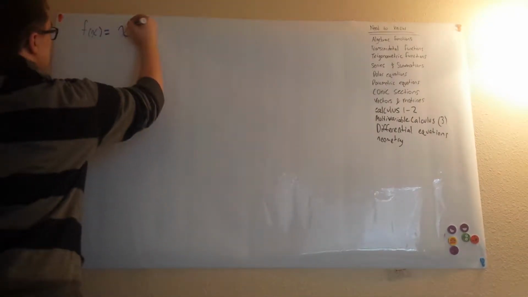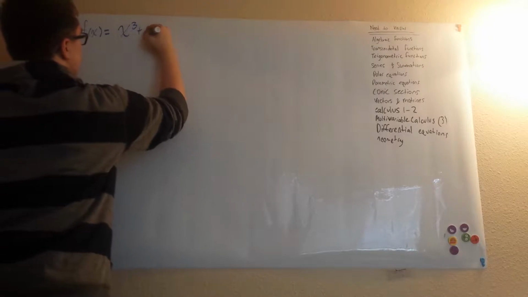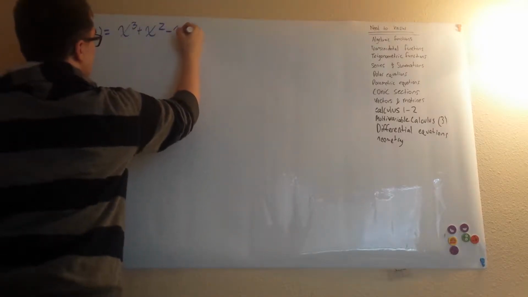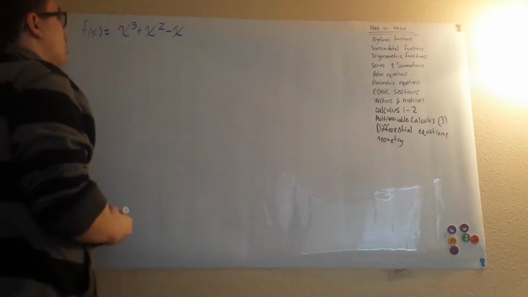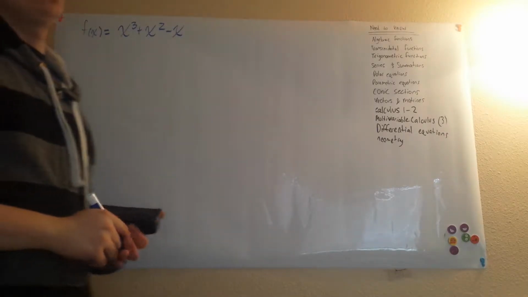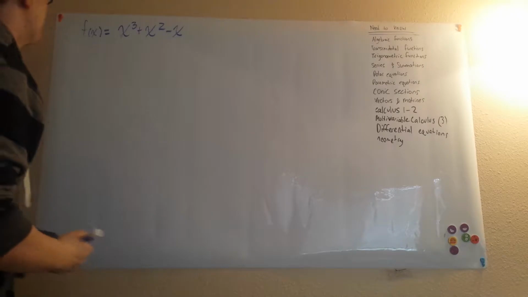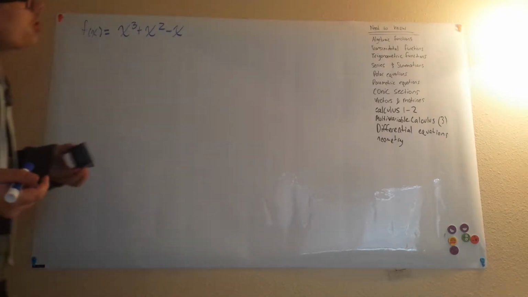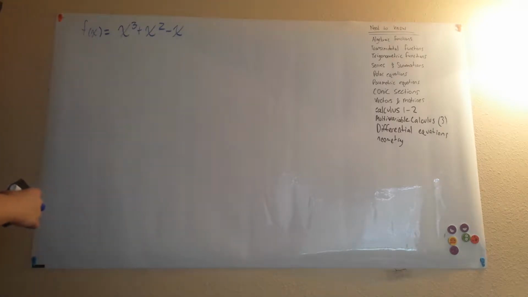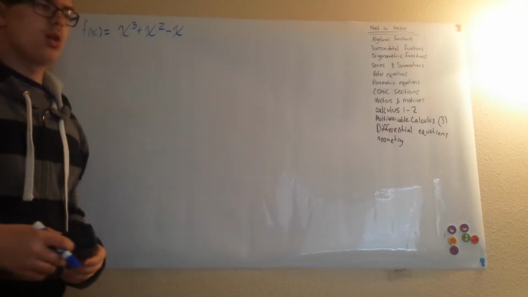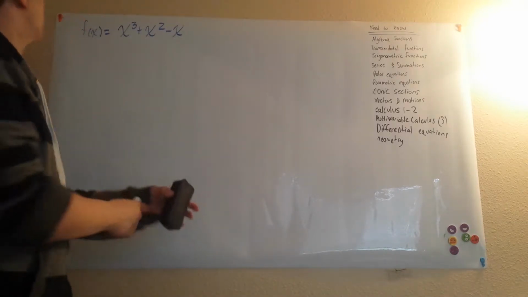So let's do x to the third plus x squared minus x. Clearly an easy function to look at. And I want to sketch this function very accurately, and what I want to do is use my tests.